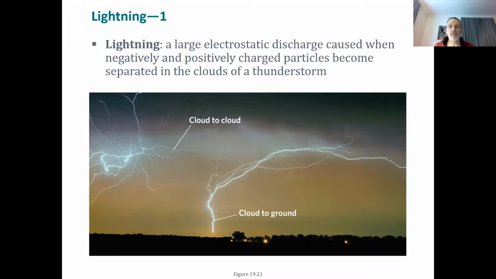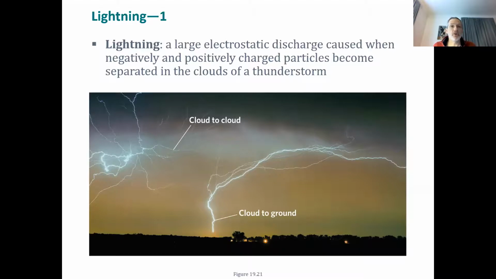This was first discovered when people took a piece of amber and a piece of fur and rubbed them together. And what you're doing is you're transferring extra electrons from one object to another. And when they're allowed to build, they can try to discharge. And this is lightning. This is electricity.